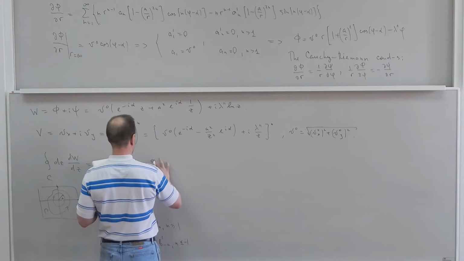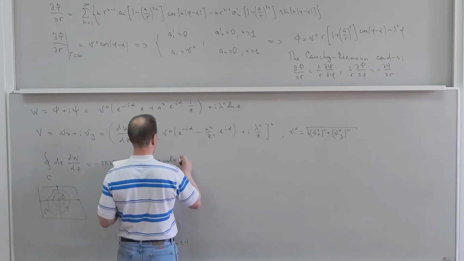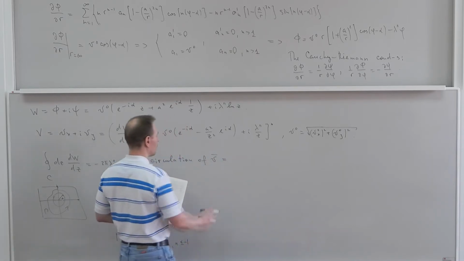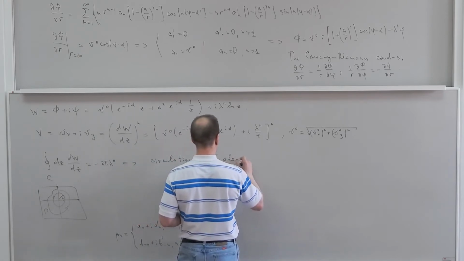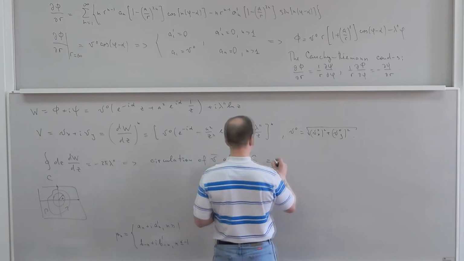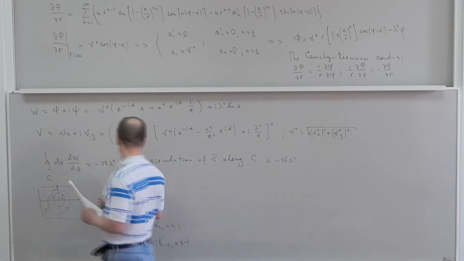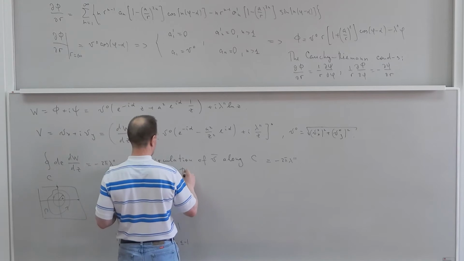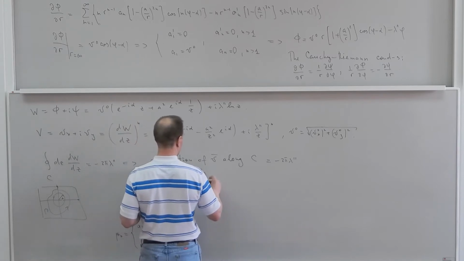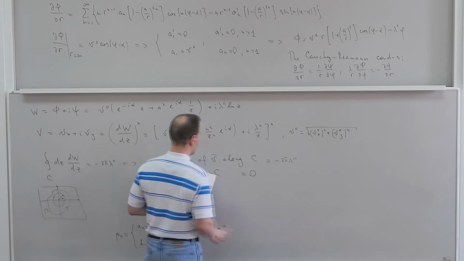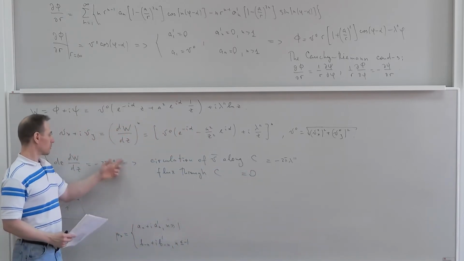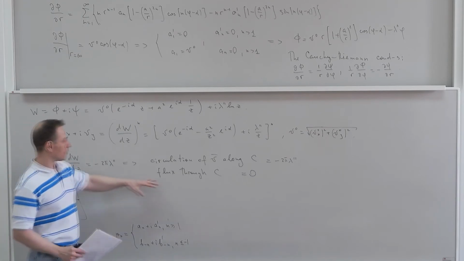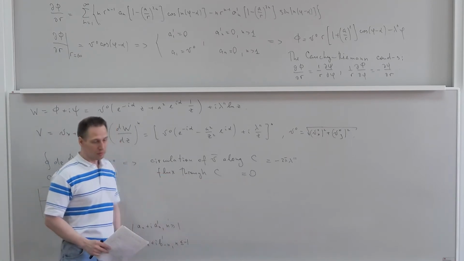the circulation of the vector field V along the contour C is equal to this constant, and the flux through the contour C is equal to 0, because this is a real valued quantity, that is, the imaginary part of this quantity, which is the flux of the vector field V through the contour C, is equal to 0.